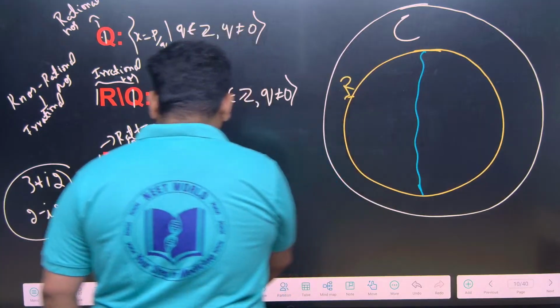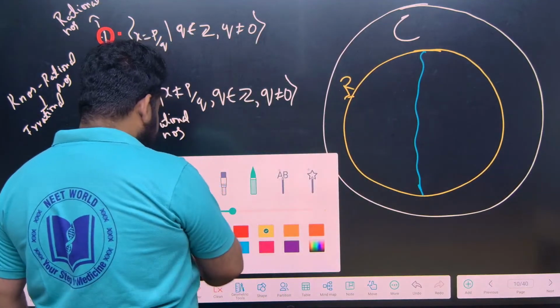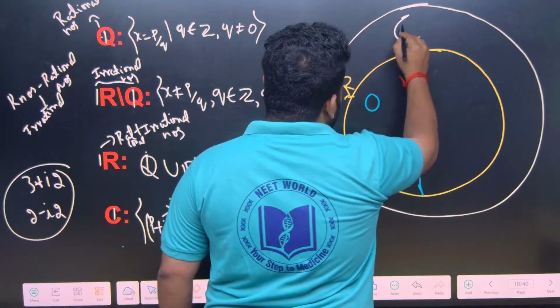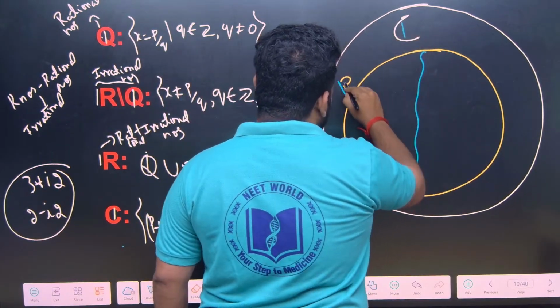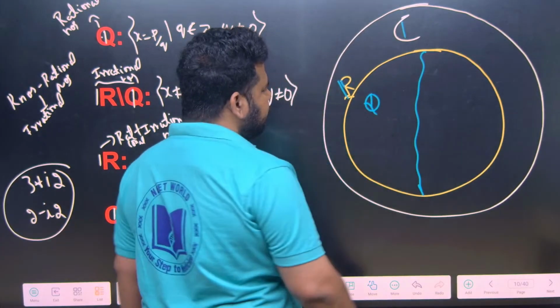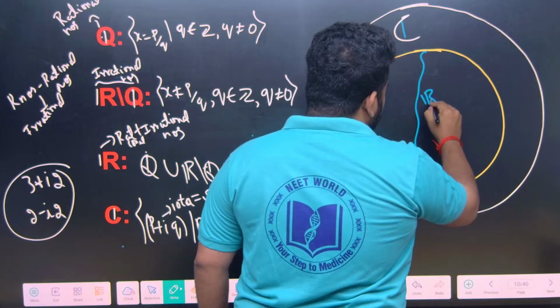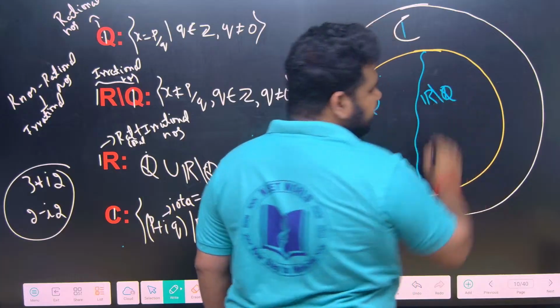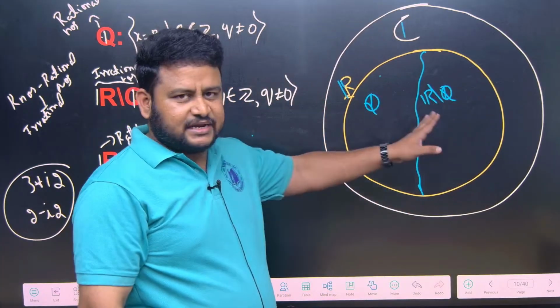Under the real numbers, it is divided into two parts. One is rational, which we represent as p by q. Another one is R slash Q, that is irrational. This is the rational number and this is the irrational number.